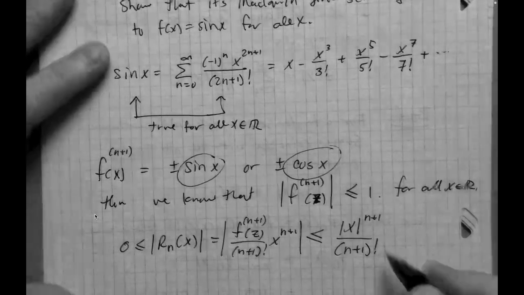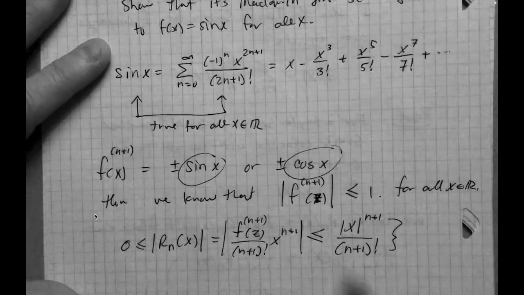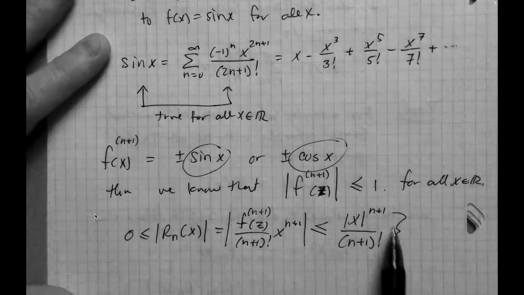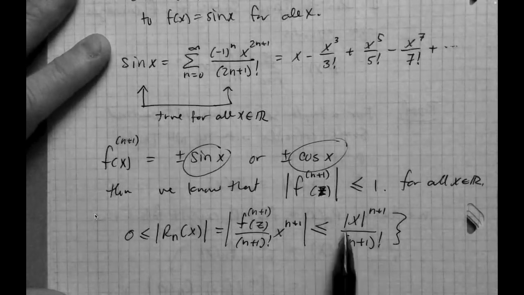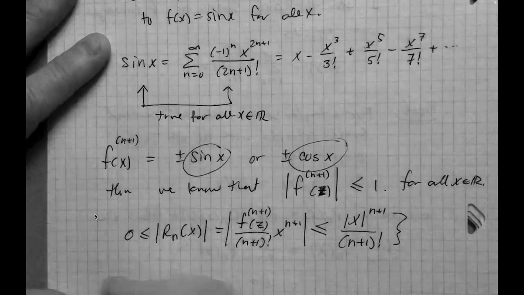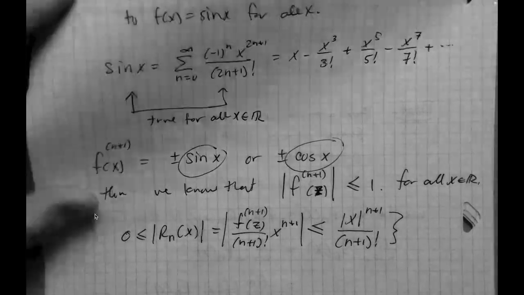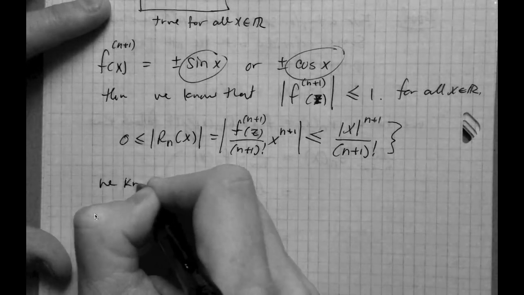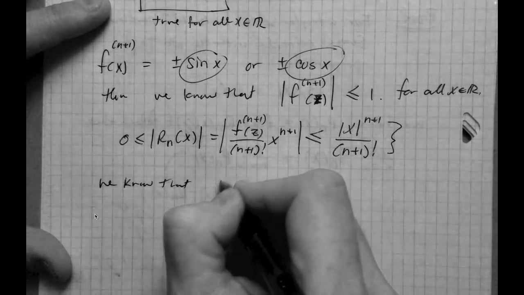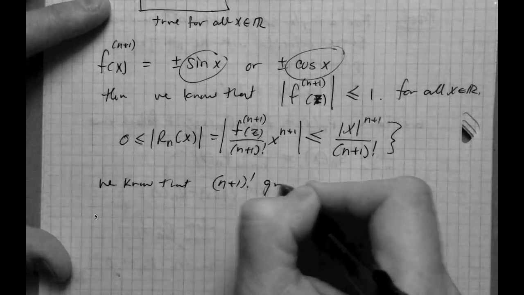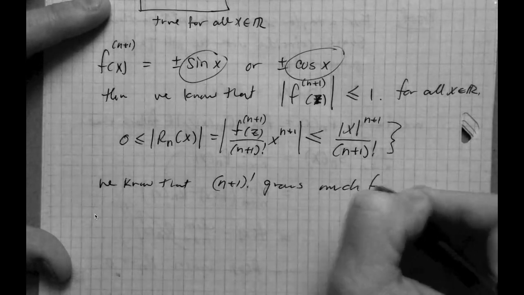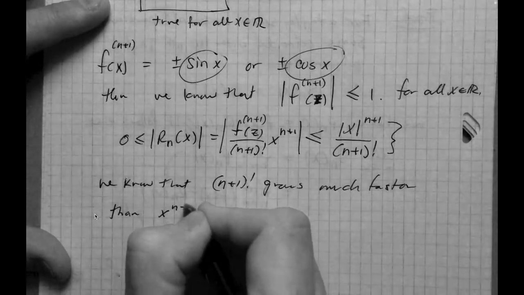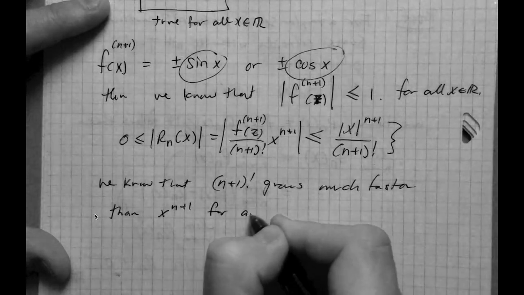And so now the question is, what happens up here? Because we need to show that the remainder is 0 at the limit, right? What happens to this as n grows? Well, a little bit of this is slightly hand wavy, but we know that n plus 1 factorial grows much faster than x to the n plus 1 for any x.